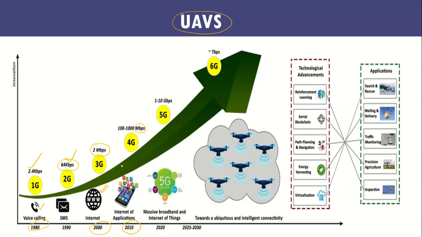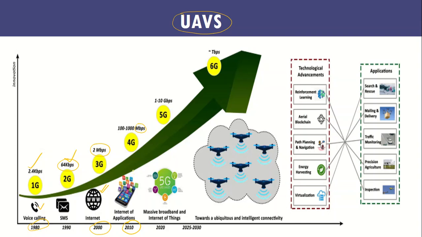Here internet applications are used, so we can browse or communicate with other users with the help of multiple applications over the internet. Here the LTE system, long-term evolution, was used.